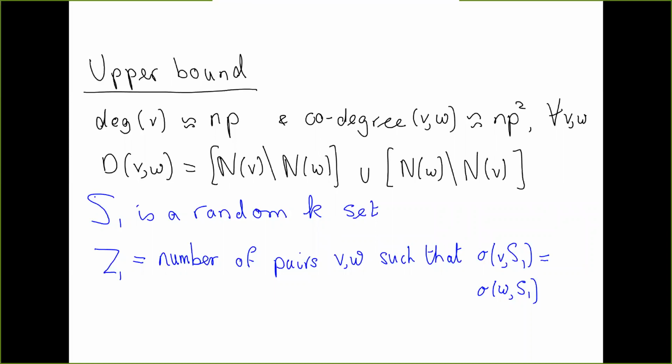So how do we start? The pursuer has to start by choosing a set. What the pursuer does is choose a random K set.